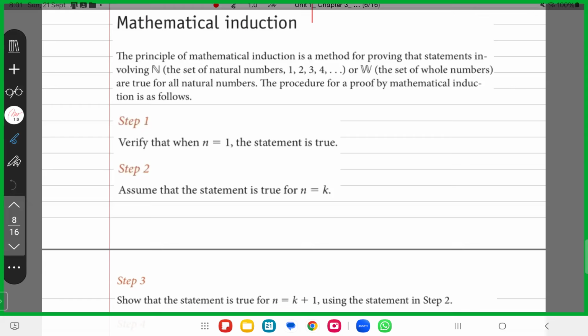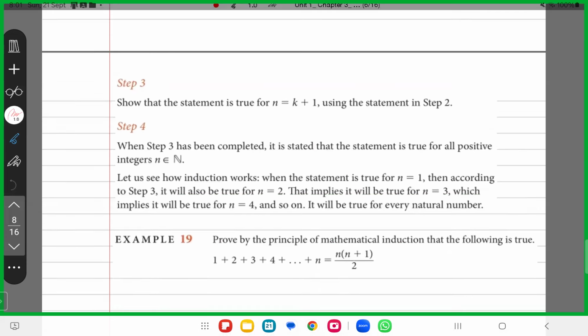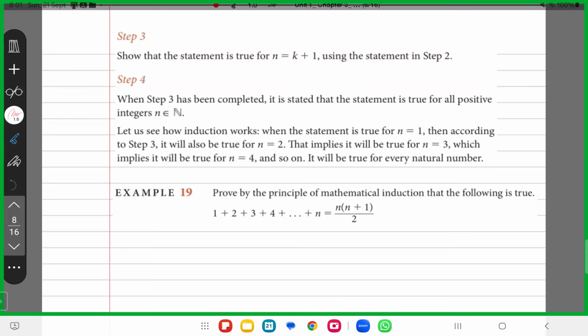Step 1, verify that when n is equal to 1, the statement is true. Step 2, assume that the statement is true for n is equal to k. Step 3, we're going to show that the statement is true for n is equal to k plus 1 using the statement in step 2.